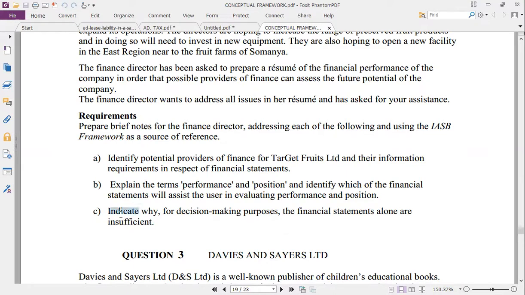Now, let's go to the third one. Indicate why, for decision-making purposes, financial statements alone are insufficient. Here, we are just asking you what the challenges of the financial statements are.